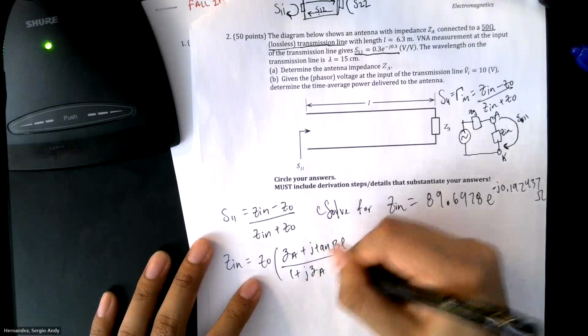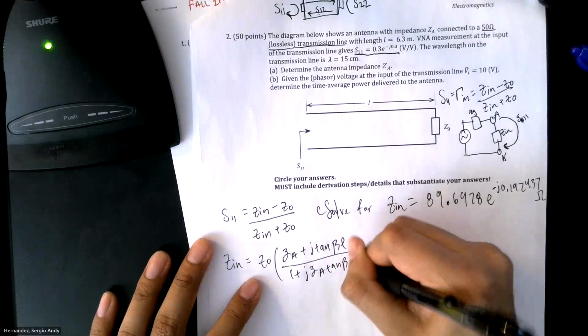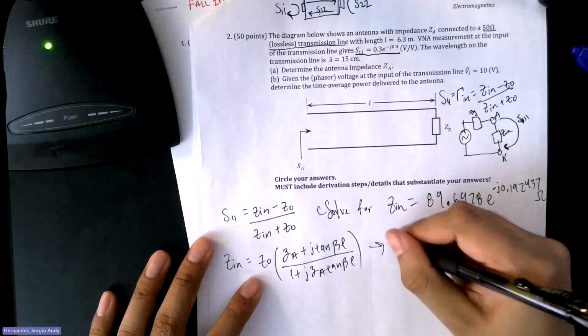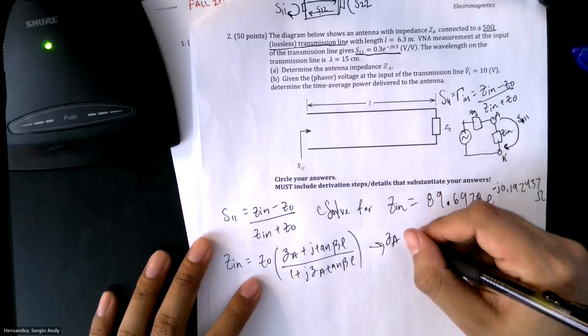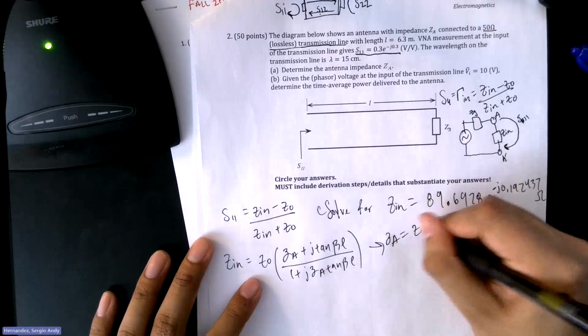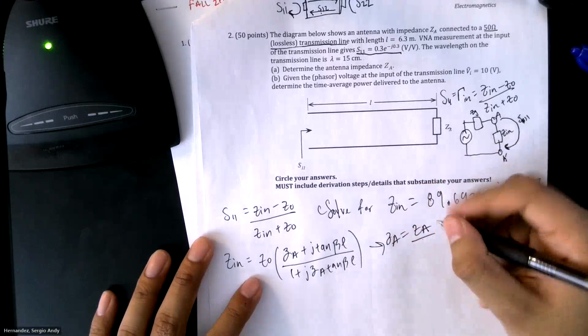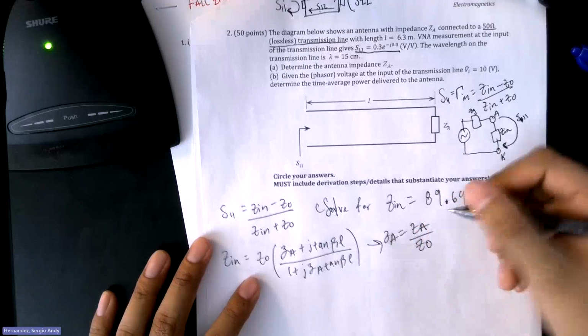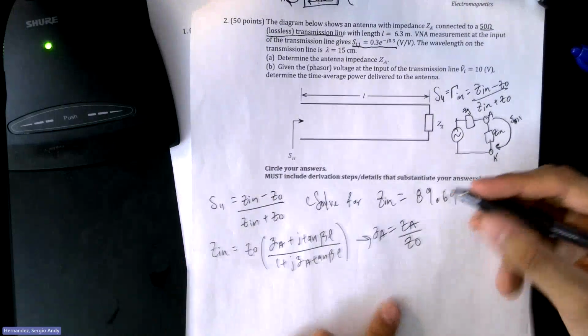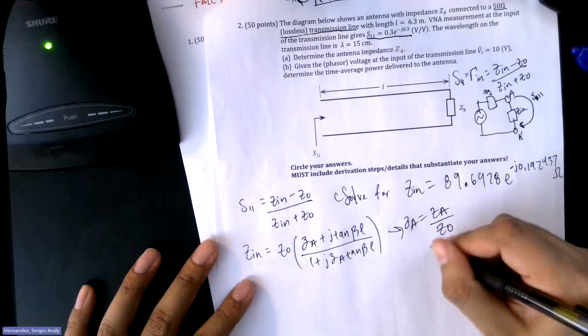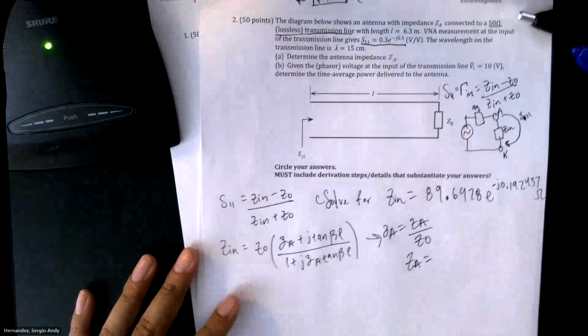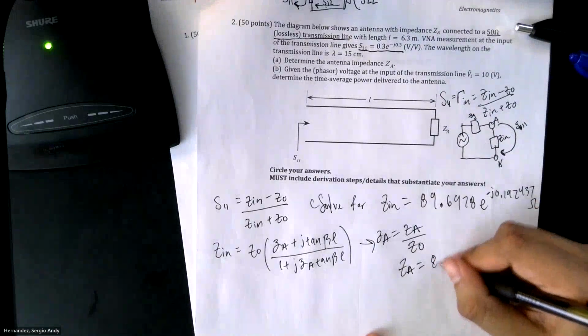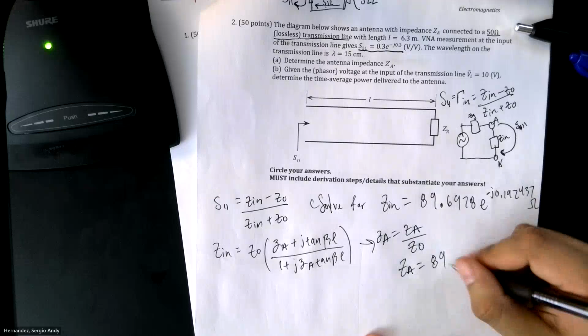So you get ZA, which is equal to that over the characteristic impedance, which will give you 9 point.